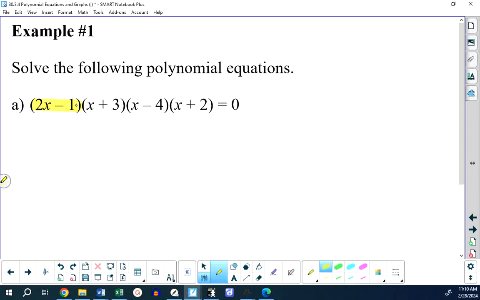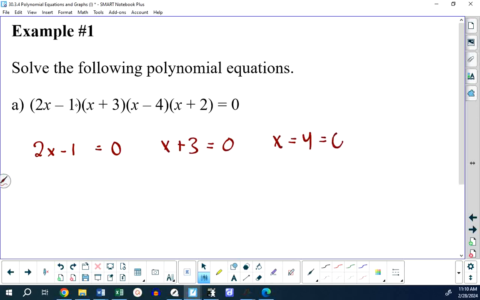Are you with me on that? So to solve a polynomial equation that's factored, you simply say this. It's simple. It's just the same idea with factorable quadratics.